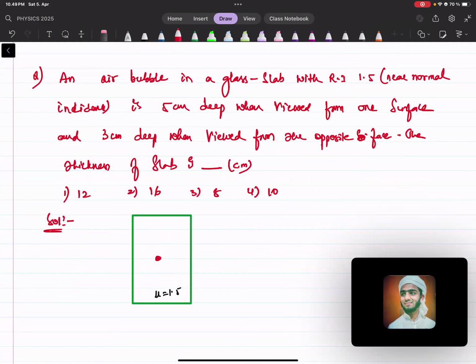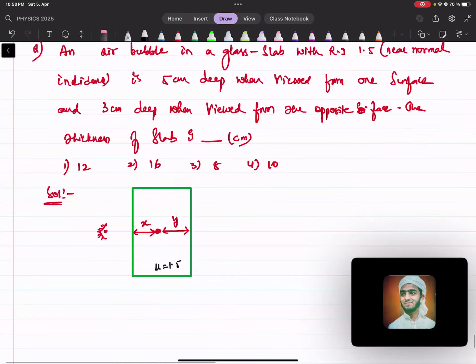Near normal incidence is 5 centimeter. That means when you're seeing from this side, this is normal incidence, say for example X, and from the other side it is, say for example, Y. Clear? Am I clear with this question?